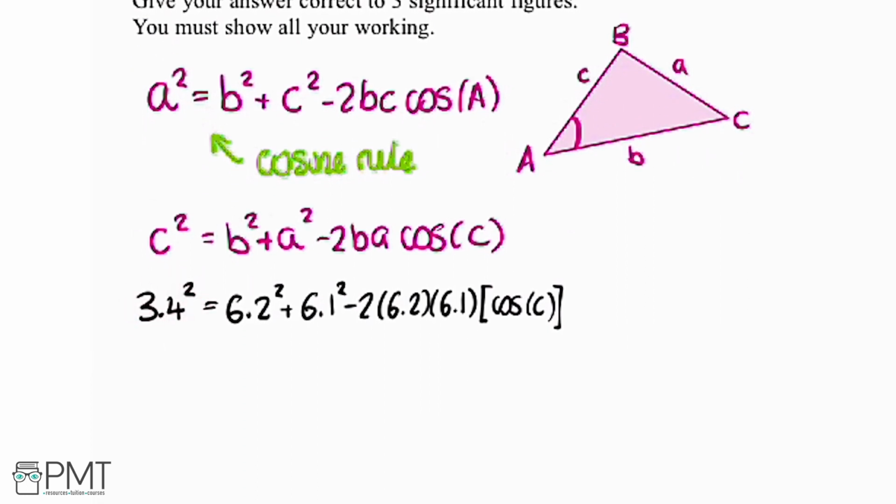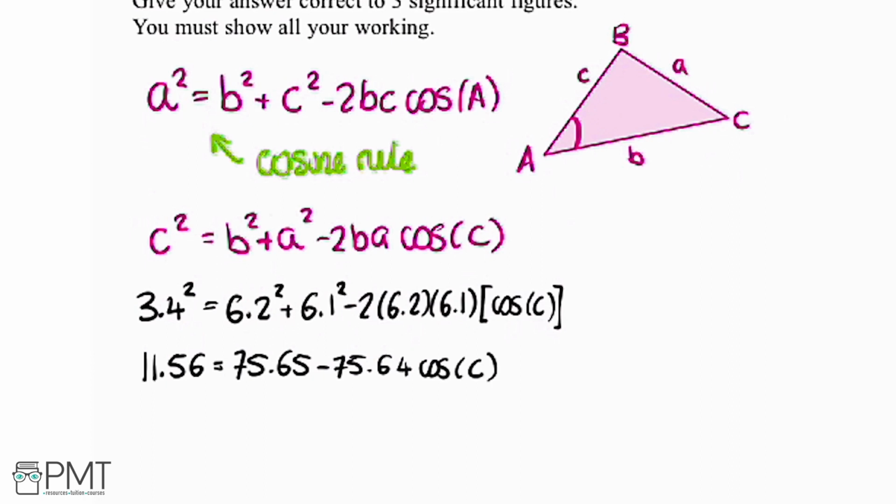So 3.4 squared is 11.56. If we do 6.2 squared plus 6.1 squared, we get 75.65. Now I'm going to do minus 2 multiplied by 6.2 multiplied by 6.1, but leave cos C how it is. So minus 2 multiplied by 6.2 multiplied by 6.1 is minus 75.64. And then we've still got our cos C on the end there.